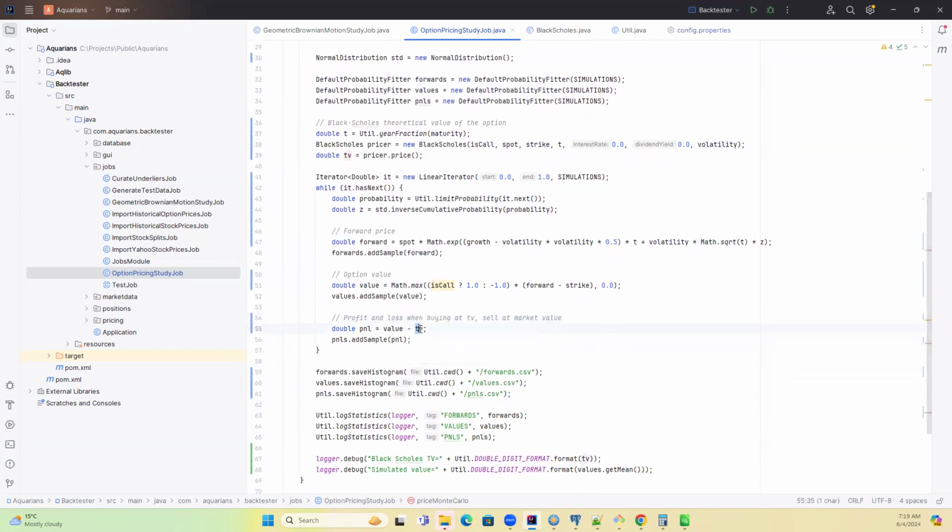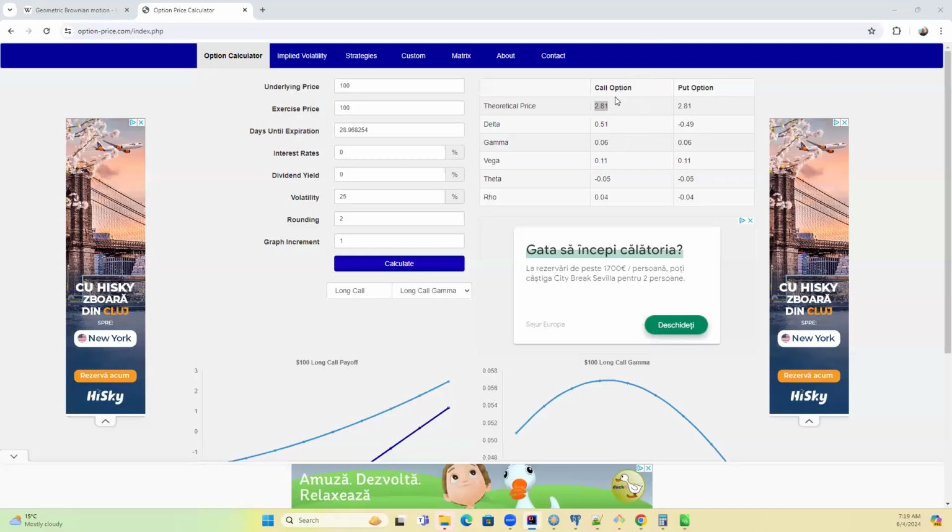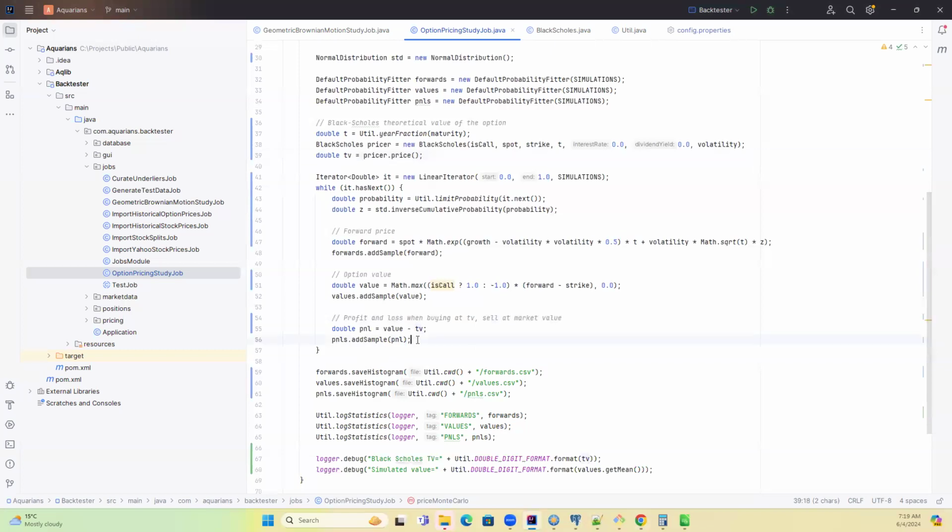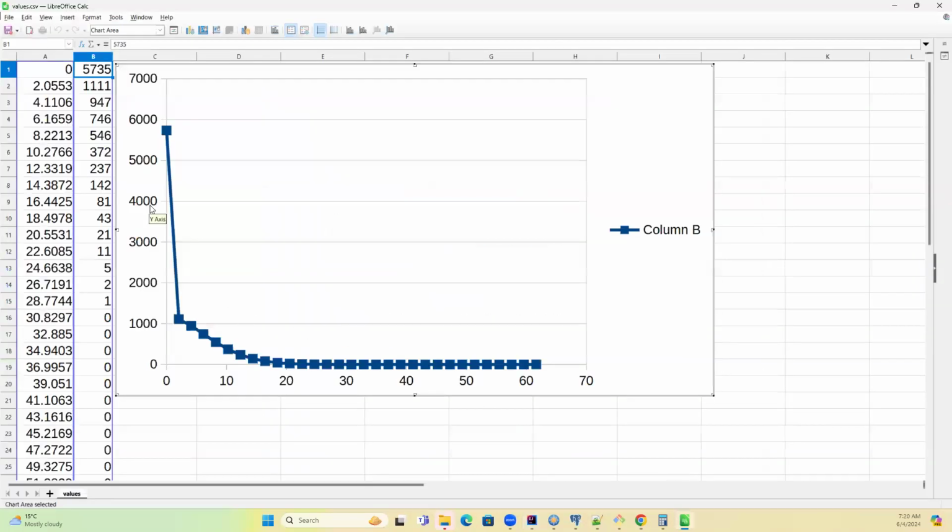We are paying money now, so let's put a minus, and the price now is the theoretical value, the Black-Scholes value. So the current price is 2.81. We bought it and lost this money, and then we sell it, so we win this amount of money, which is the value of the option at maturity.